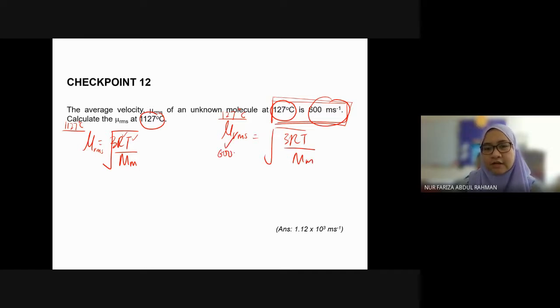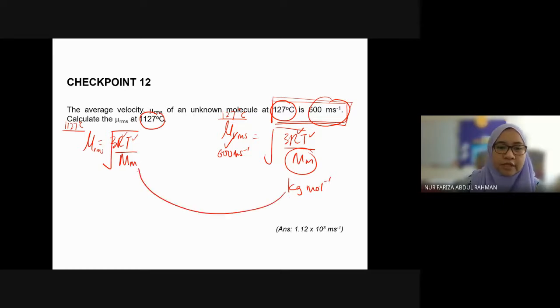But this time around we have this information. This is 600 meter per second. We have R, we have T. Make sure that you convert the T into Kelvin, and we can calculate for molar mass. This molar mass, make sure that the unit should be in kg per mole. So this molar mass later will be used in this formula to find the mu RMS at 1127 degrees Celsius.